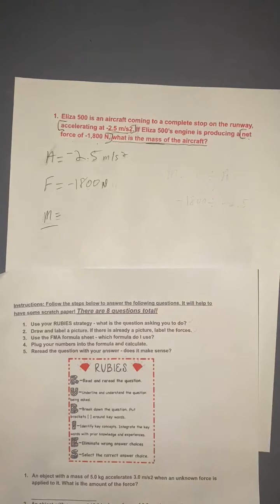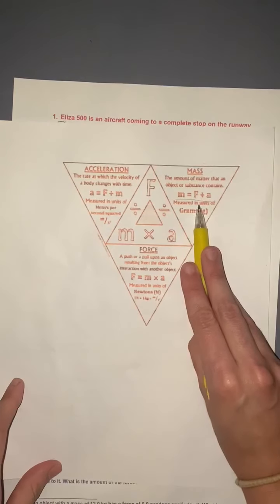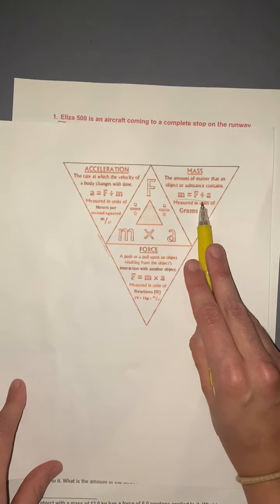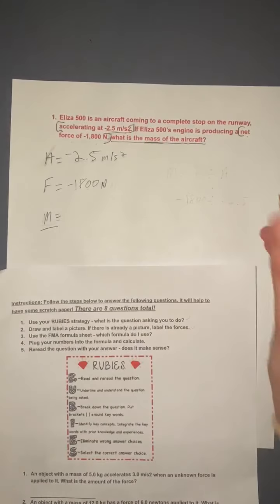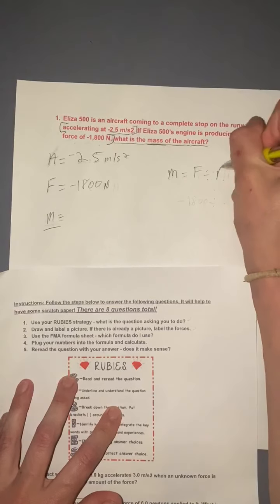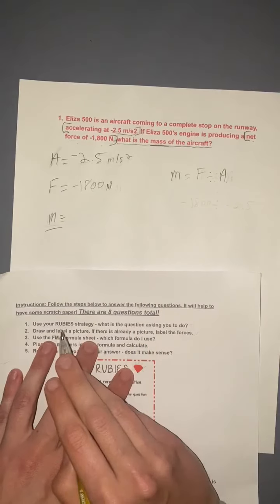So from here, I pull up my formula chart. I go to mass to determine which formula I need to use. And I see that mass is equal to force divided by acceleration. So I'm going to write that down on my paper so that I don't forget what I'm doing. And it's easy for me to just plug in my numbers.